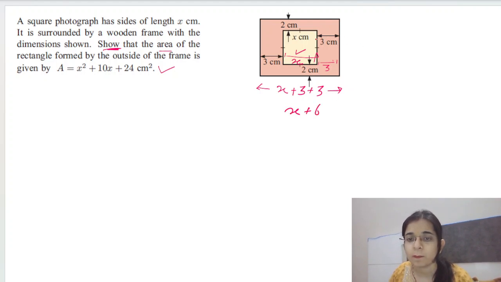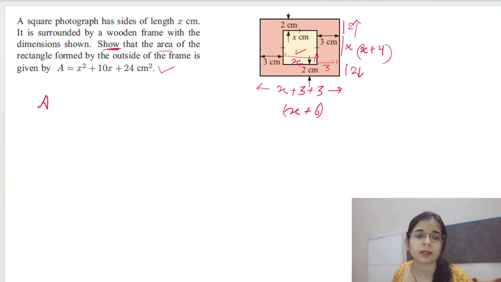In the same way, when you have to find the breadth of the rectangle, this is the side x, this is the 2, and this is the side 2. So x plus 2 plus 2 will give you x plus 4. So now you have the length and the breadth of the rectangle.